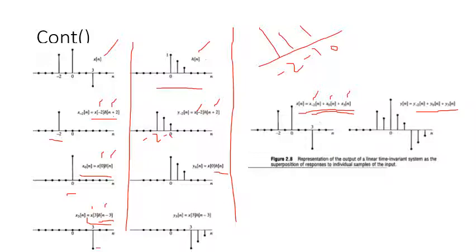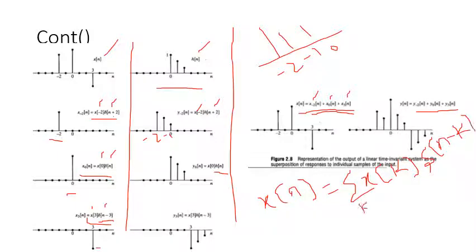So ultimately what we have done is x of n equals the summation of x of k delta of n minus k, with k from minus infinity to infinity. So this is shifting at the input, scaling at the input, and addition at the input.